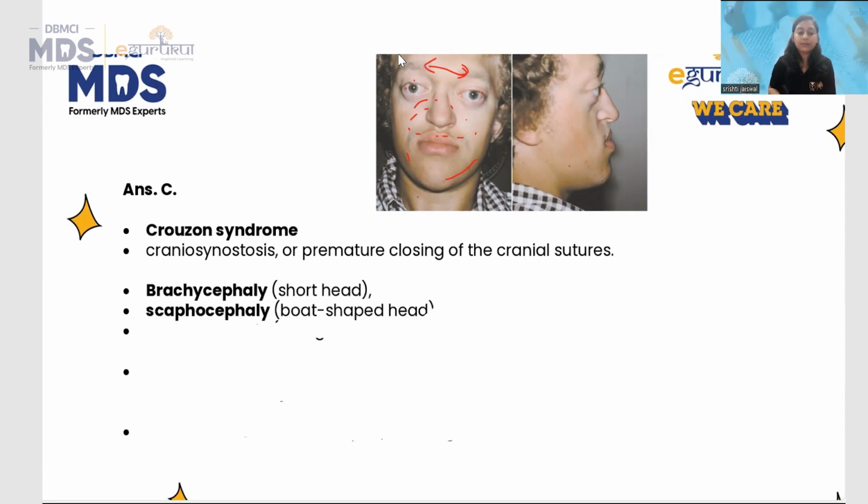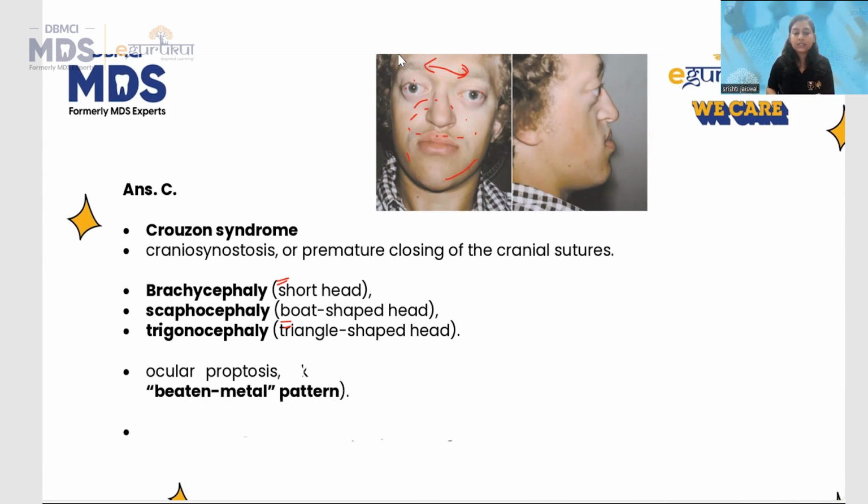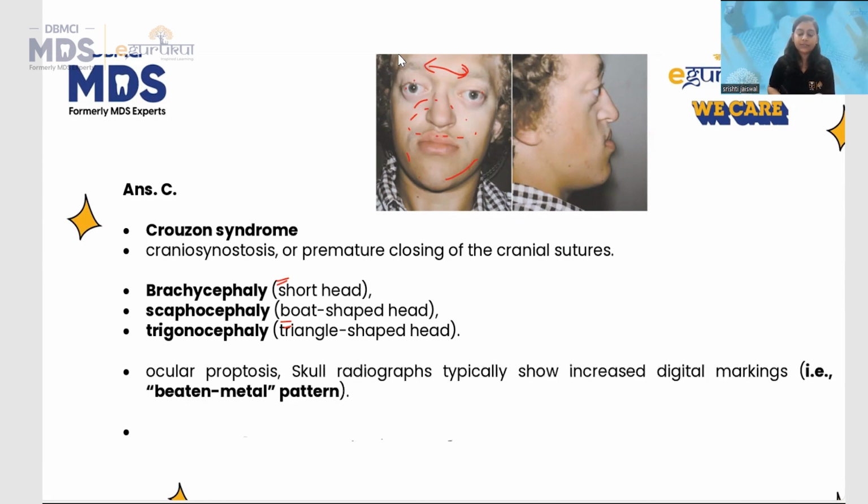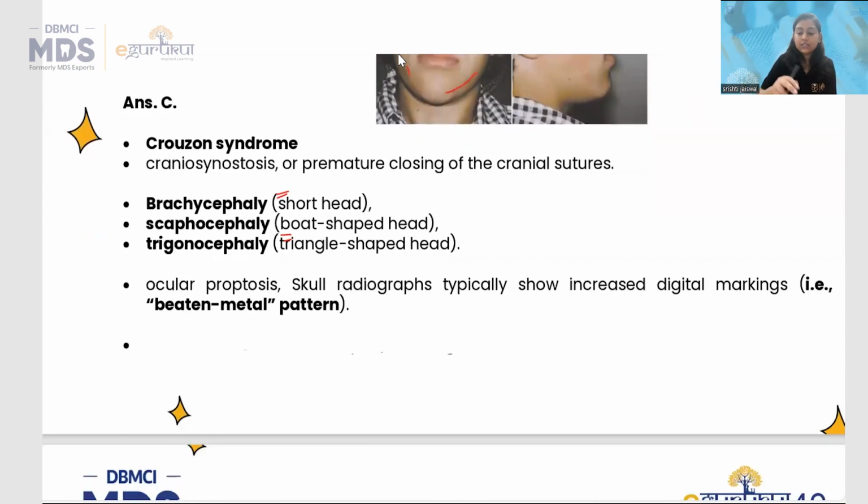So there are three important points: brachycephaly, scaphocephaly, and trigonocephaly. Brachycephaly means short head. Scaphocephaly, that means boat shaped head, and trigonocephaly, that means triangular shaped head. Now, here the ocular proptosis is seen along with the skull radiograph, which shows the copper beaten metal appearance, giving the right answer as Crouzon's syndrome.